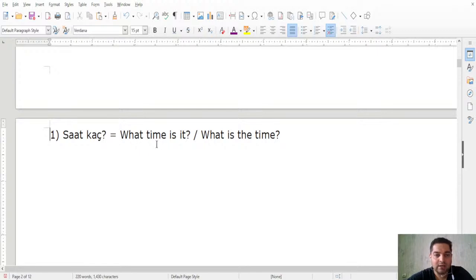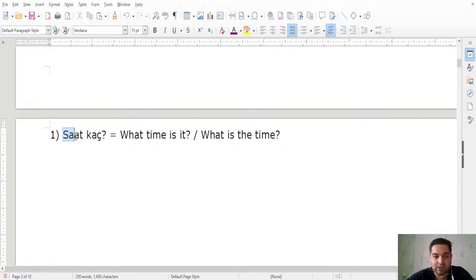I didn't color any of this because saat basically means clock or time, the time of the clock. So the only thing that we can translate here is saat, but kaç is usually how much, or how many. That doesn't fit the translation here, so you better learn this as a phrase. Saat kaç means what time is it, or what is the time?